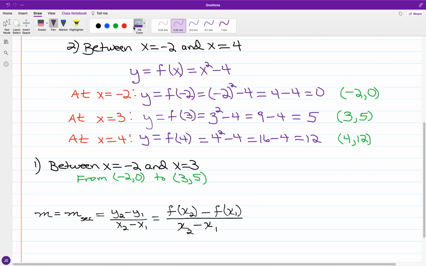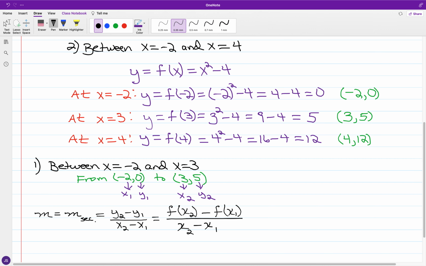Okay, so (-2, 0) we'll have as the first set of x and y values. And for (3, 5), there'll be x of 2, y of 2, and I already had the specific values for the x and the y values, or f of x of 2, f of x of 1 values.